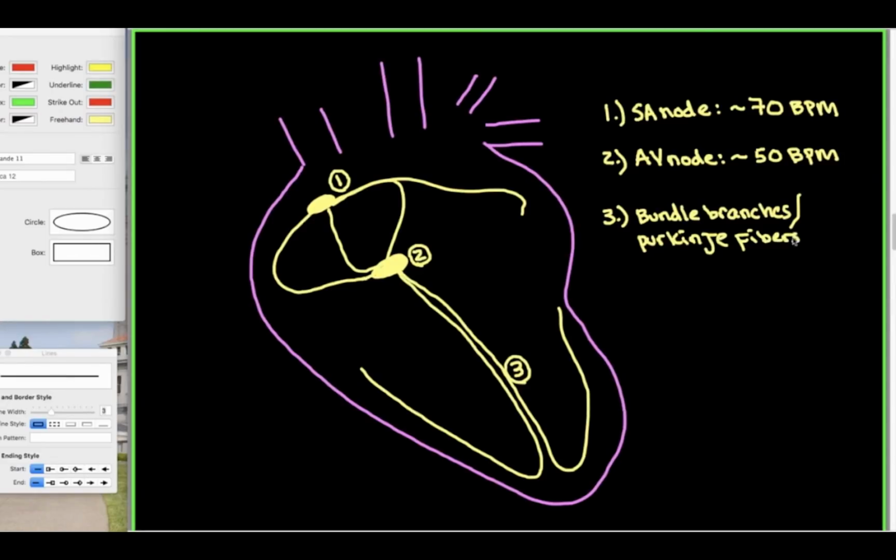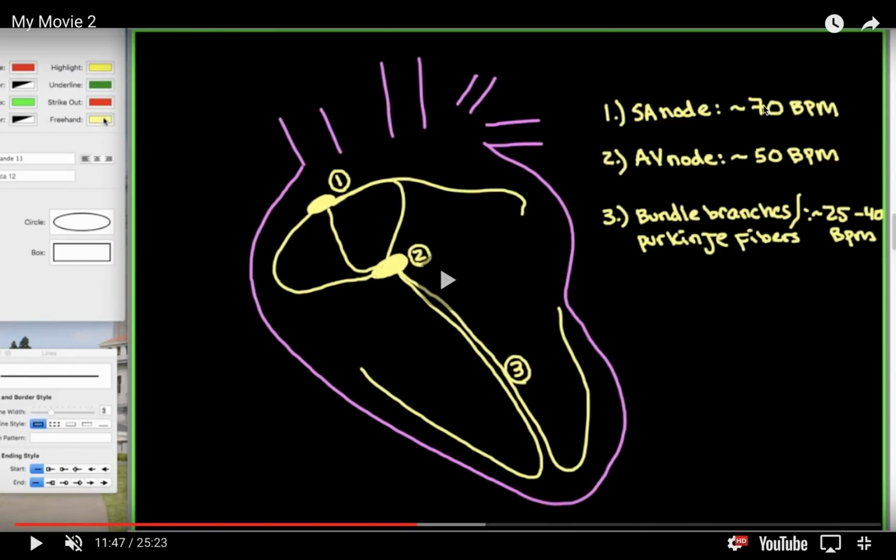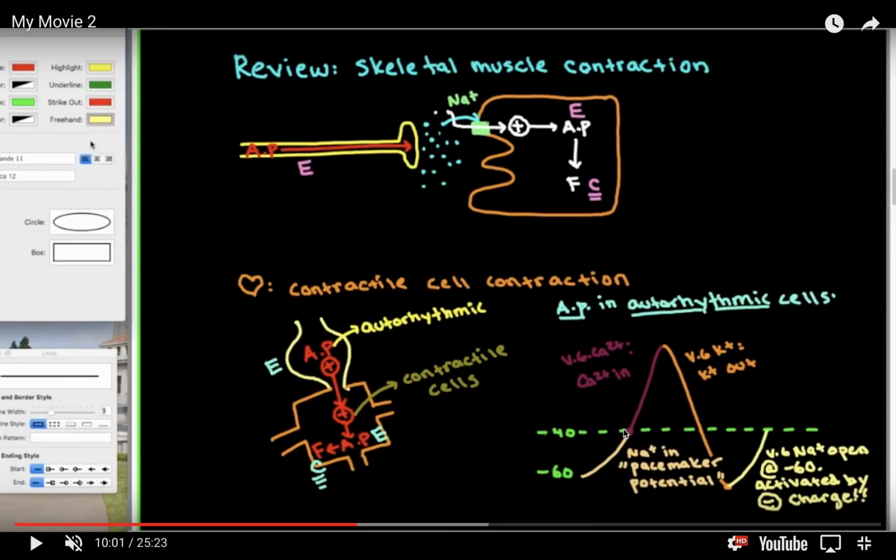And these can fire their own action potentials too, but they do it much more slowly, around 25 to 40 times per minute. So again, what it means that this SA node is firing at 70 times per minute is that it's doing this action potential 70 times per minute on its own, rhythmically.